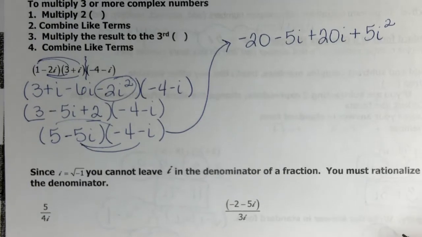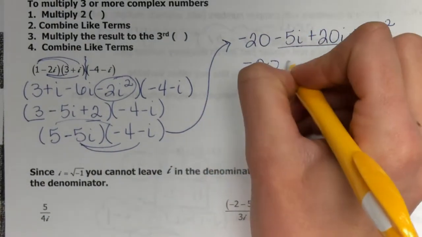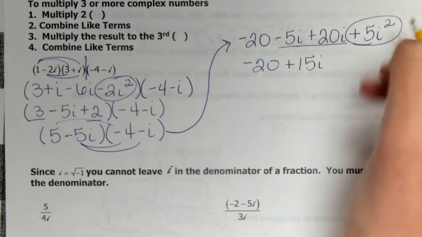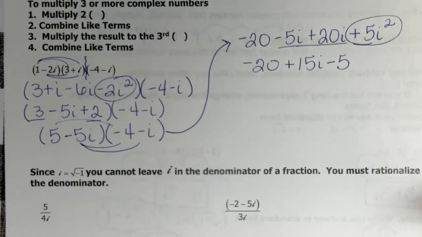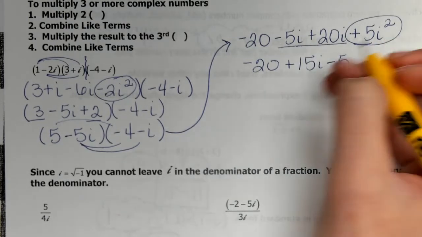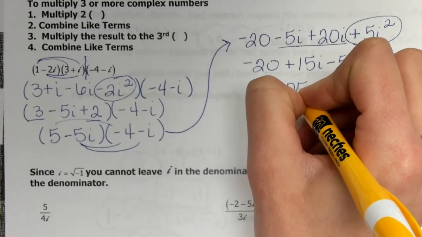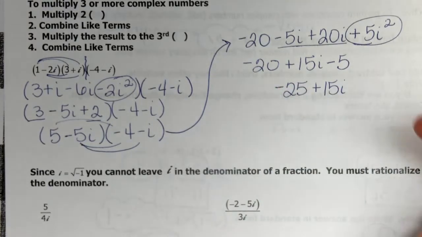Very good. Okay, combine. So I've got negative 20 plus 15i, and then that 5i squared turns into negative 5, so my final answer should be negative 25 plus 15i.